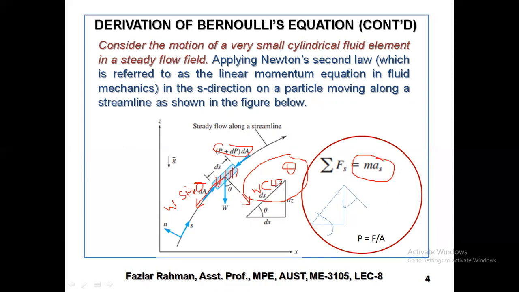But we are considering the motion of the fluid along the streamline, so we will not think about this force. So we have three forces: P into dA, then P plus dP into dA, and W sin theta. In the next class, with these three forces, we will derive Bernoulli's equation.